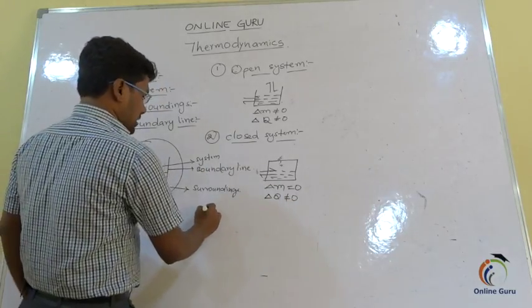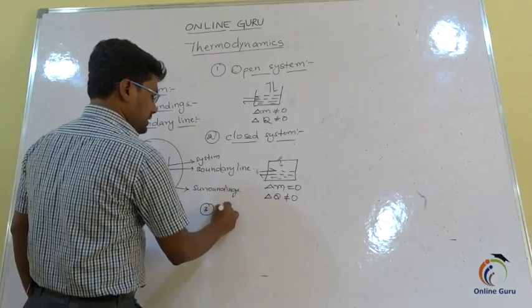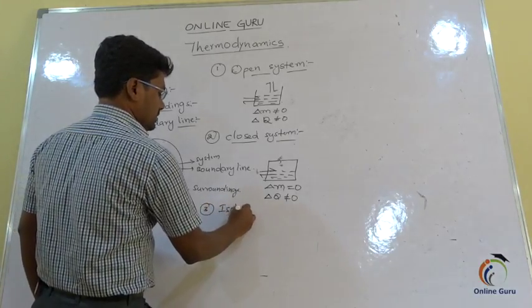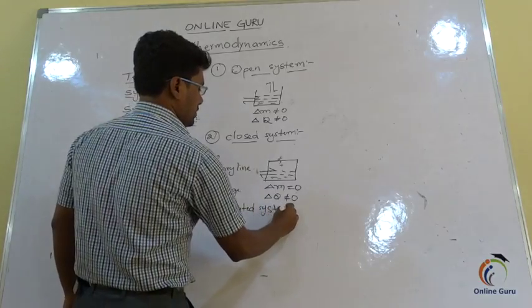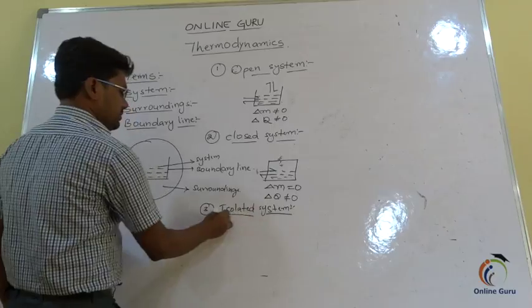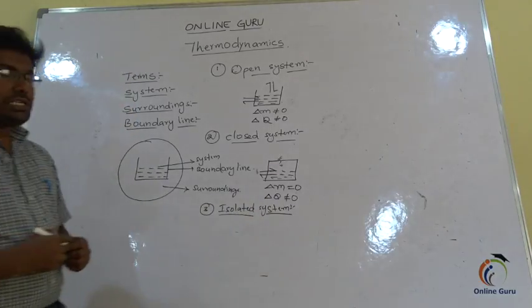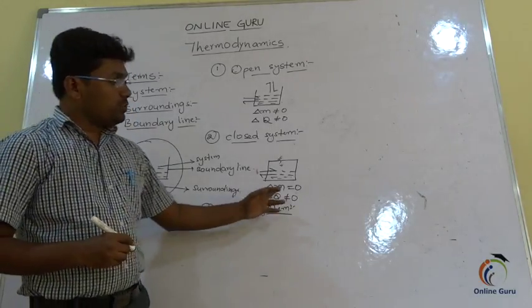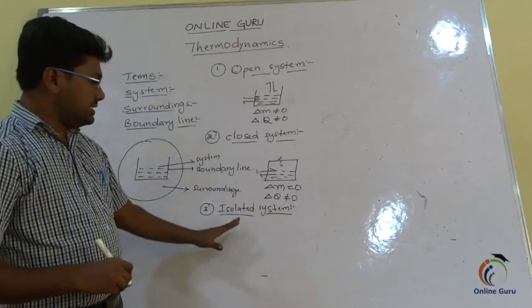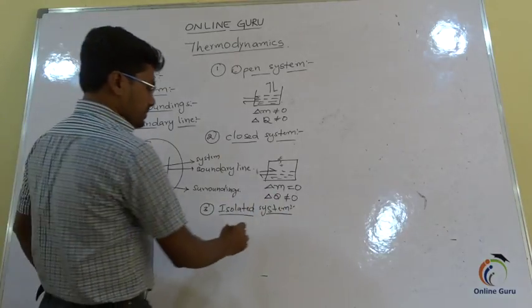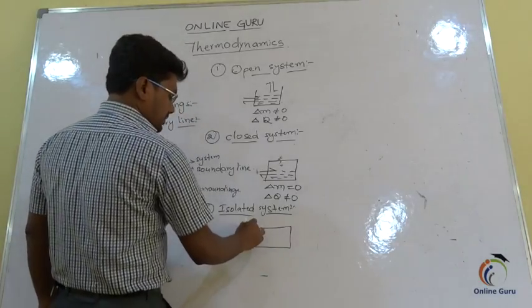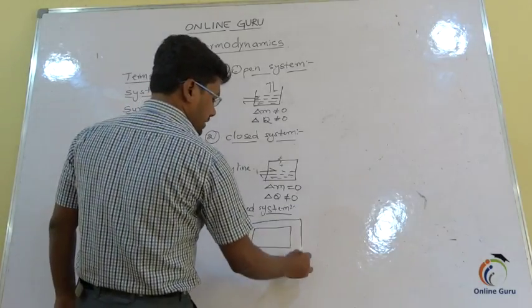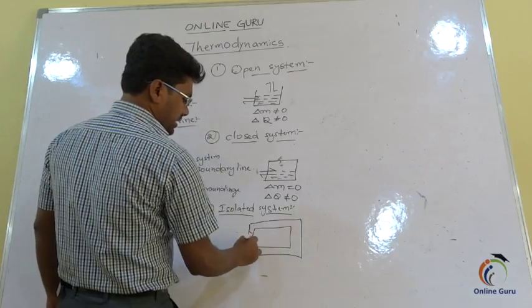Next, the third one, the isolated system. What does isolated system mean? A system which does not exchange both matter and heat is called an isolated system. In this isolated system, the boundary lines are made up of insulated material.